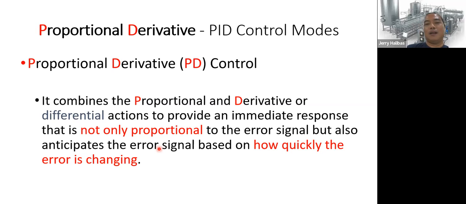Your I, which is the integral, is actually the previous values, the past weather conditions, katong nag-labay na. Whereas the differential is the forecast, for today or the future.